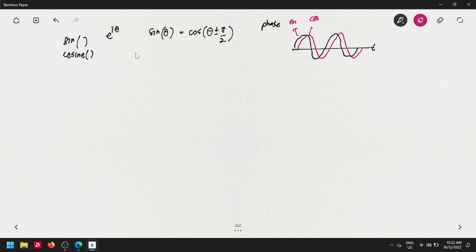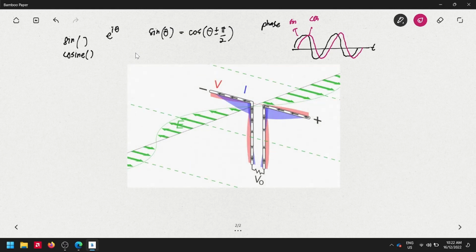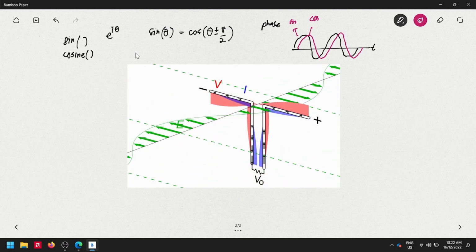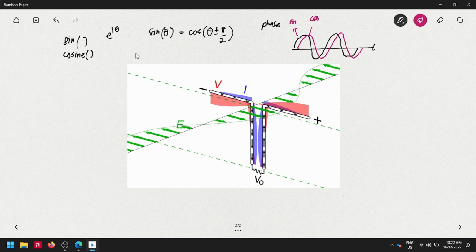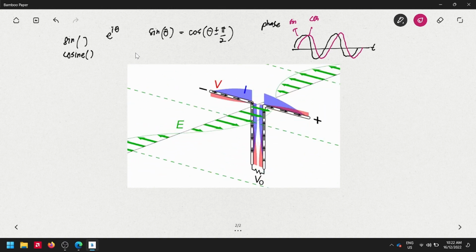Once my electron is moving from point A to point B, basically it is producing the current. So the movement of the electron from here to here, and the current is going towards that direction, I mean the opposite direction. But at the same time, this electron is inducing the electric field.